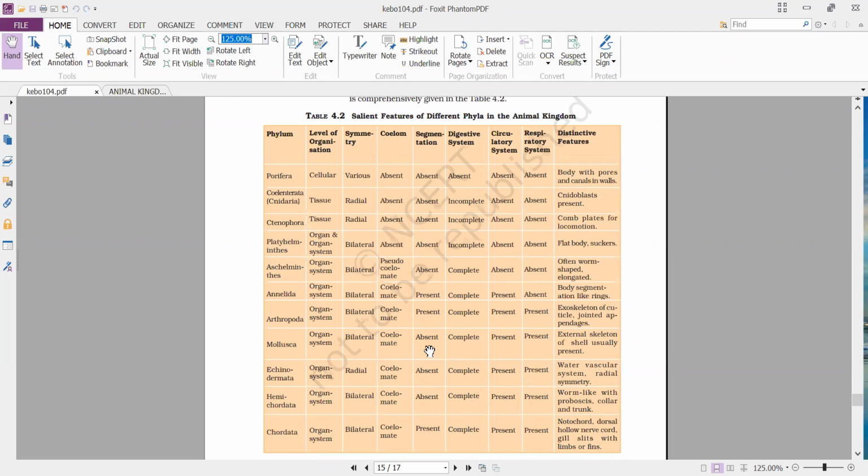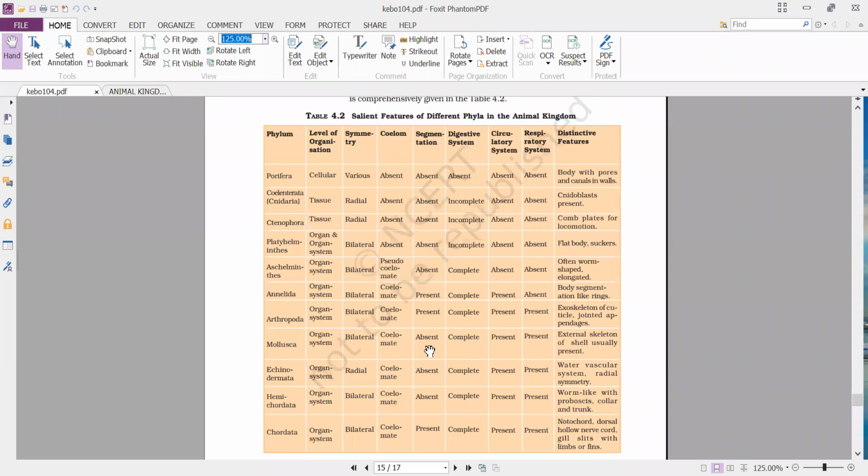And next, coming to the circulatory system. In poriferans, coelenterates, ctenophores, platyhelminths, and aschelminths, the circulatory system is absent. In annelids, we'll find the closed type of circulatory system. In arthropods, we'll find the open type.